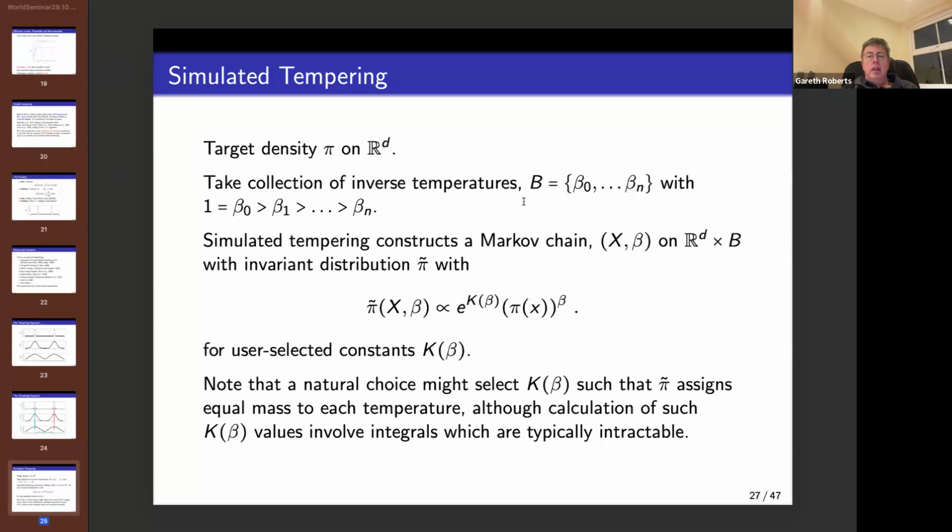So there are interesting questions about how we should choose the B, on the basis of the algorithm that I'm using. It will turn out that for non-reversible parallel tempering, simulated tempering, we should have a different strategy for choosing the B than if we have a reversible one.